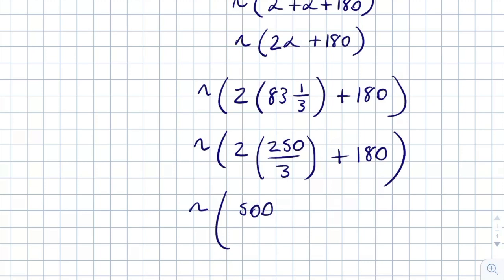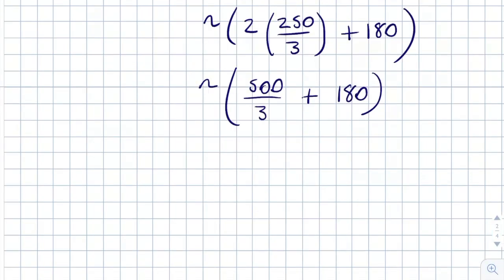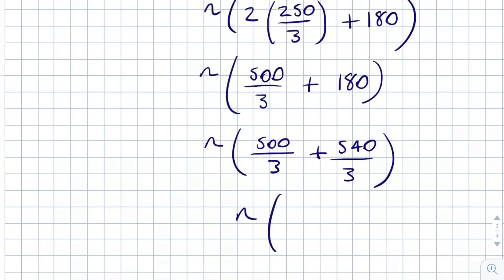Then multiply that by 2, we're going to get 500 over 3 plus 180. Then we're going to have a common denominator of 3. So if we multiply 180 by 3, we're going to get n all multiplied by 500 over 3 plus 540 all over 3. And that simplifies to n all multiplied by 1040 over 3.